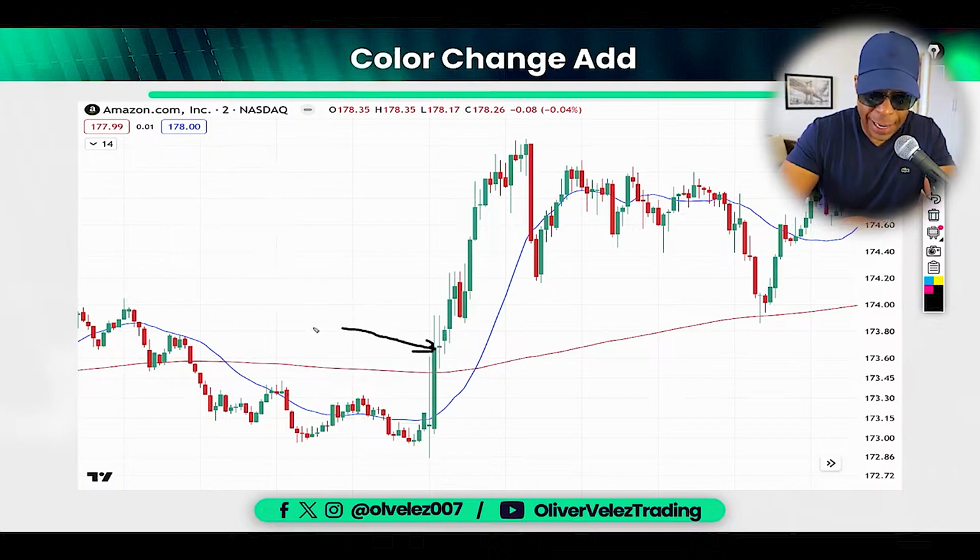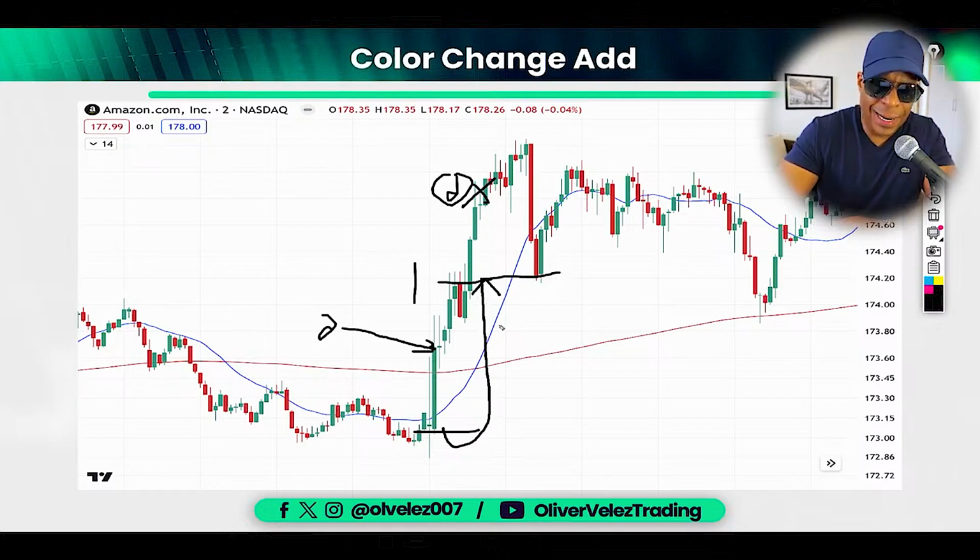Power bar entry, stop, color change add, profit take. I'm going to take 2 off. I'm going to move my stop to break even. You can go here if that's the one you want to do. That's fine. And let the rest ride. Okay?